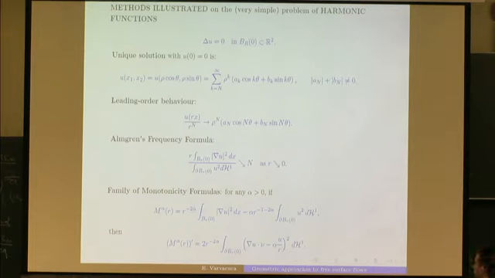So take a harmonic function in a certain ball at 0 in R2, with u(0) equals 0. A harmonic function in 2D is the real part of an analytic function, so it has this power series expansion, a trigonometric expansion and so on.